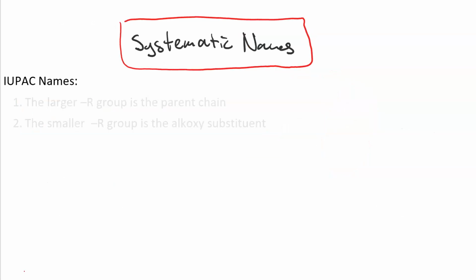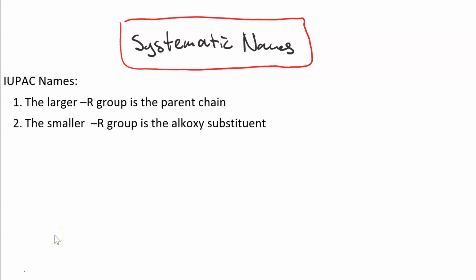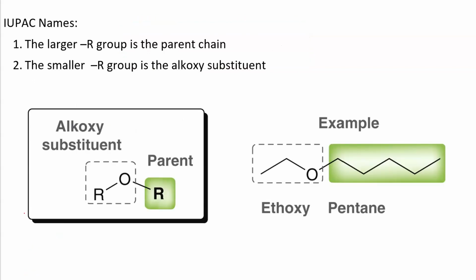For the systematic names for ethers, we rely on the IUPAC system. You inspect your two R groups. The larger R group is designated the parent chain, and the smaller R group is designated as an alkoxy substituent. So, for example, this ether, the common name would be ethyl pentyl ether.